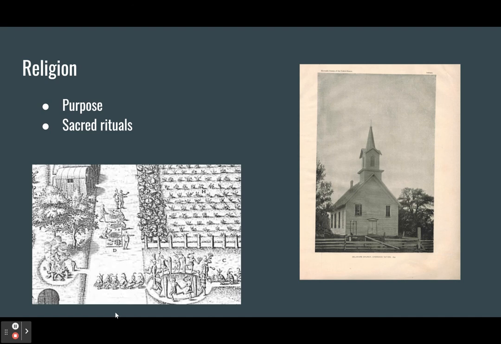Now, Christianity does play a role here. Christianity is going to play a role in an attempt to help teach Christianity, obviously, right? Because we talked about Samuel Worcester, for example, translating the Bible into Cherokee language.